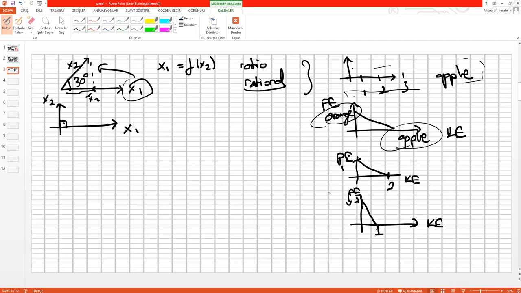The energy cannot be destroyed or created, right? Then we can say there could be a relation to provide this feature. And what is that?